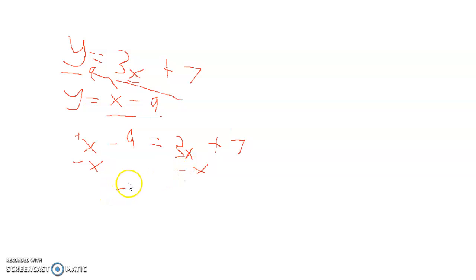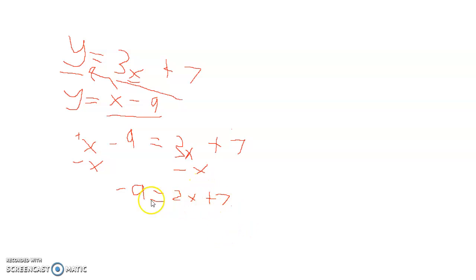It's negative 9 because of the minus sign that is still in front of the 9 after you take away the x. So negative 9 equals 2x plus 7, because we took 3x minus x.